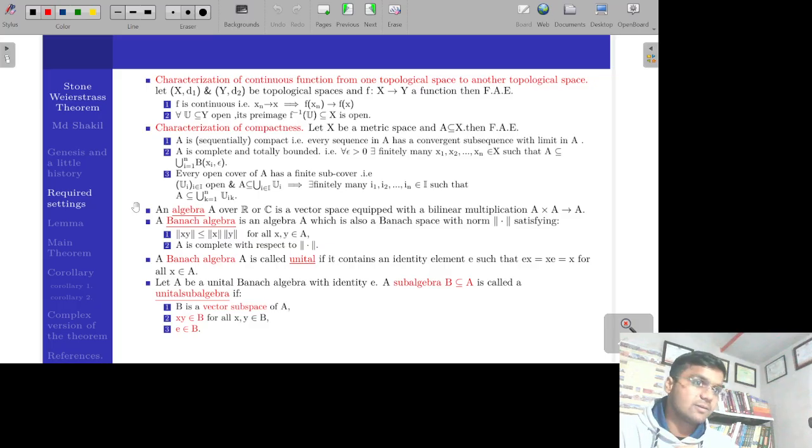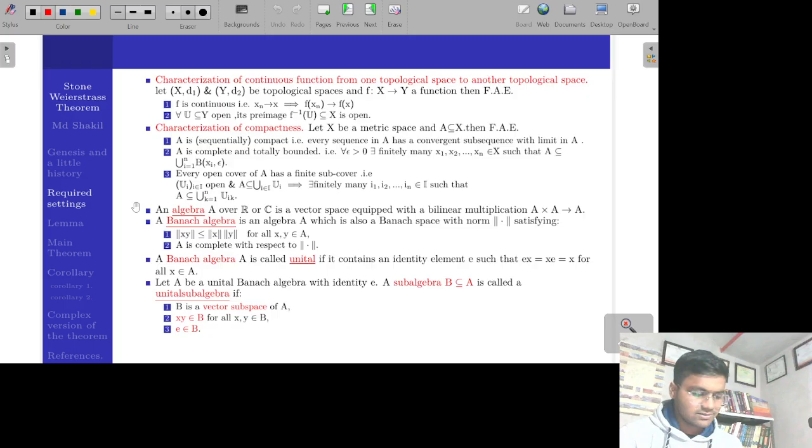We have scalar multiplication, which means we can multiply elements of the field with elements of the vector space. We do not have any operation so that we can multiply an element of the vector space with another element of the vector space itself. But if we have this kind of bilinear multiplicative operation also, then the vector space is said to be an algebra over R or C.